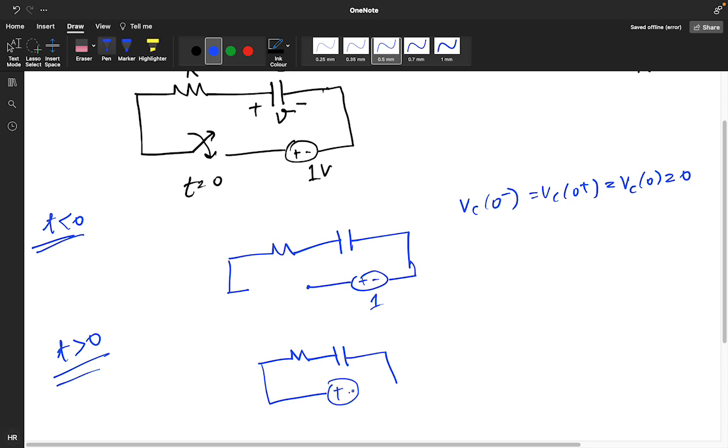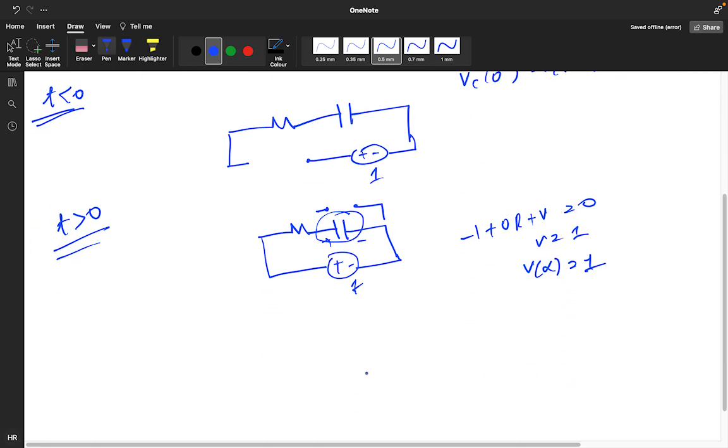Yes, positive, negative, 1. What about plus minus V? Means at an infinite amount of time this will be open, means 0 current will flow. So what will be the voltage across VC? Minus 1 plus 0 into R plus VC plus V, so you will get V equals 1. So V of infinity you are getting 1.